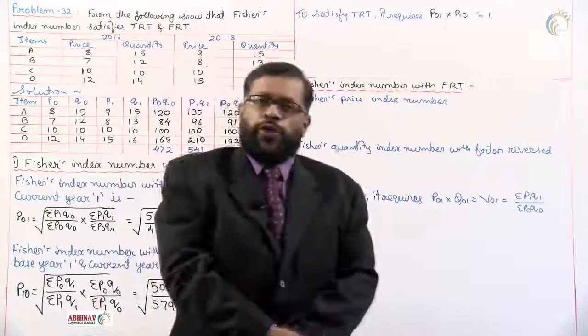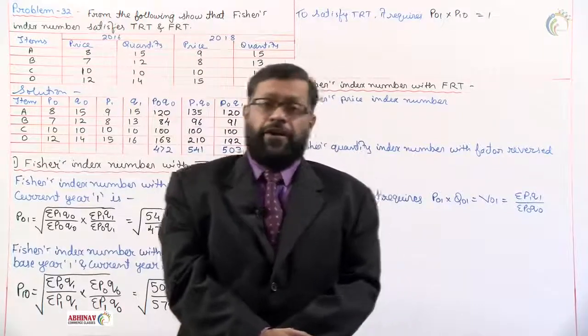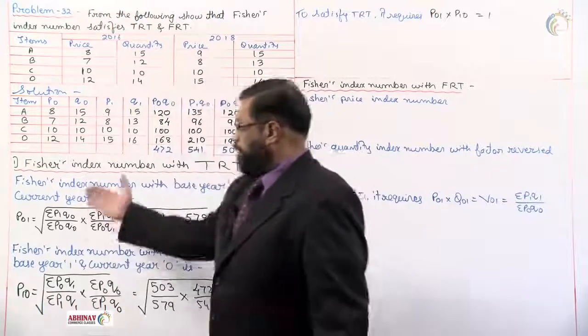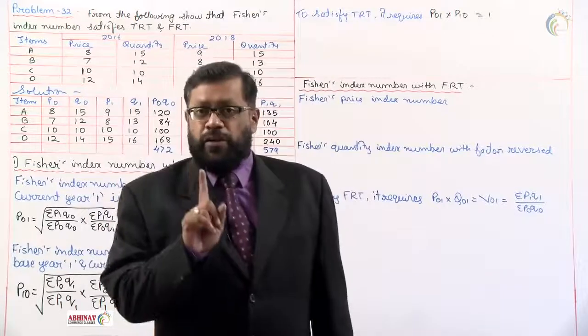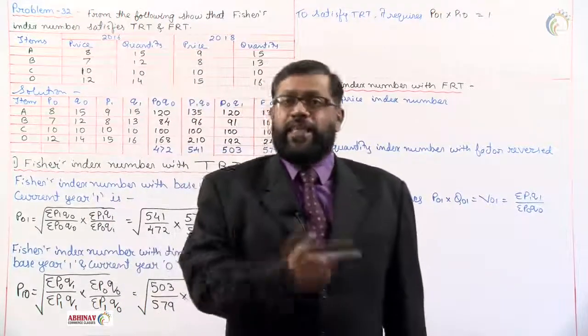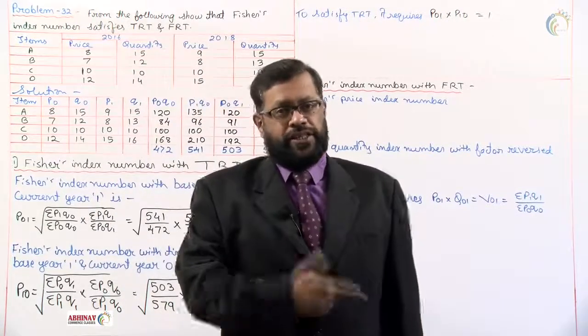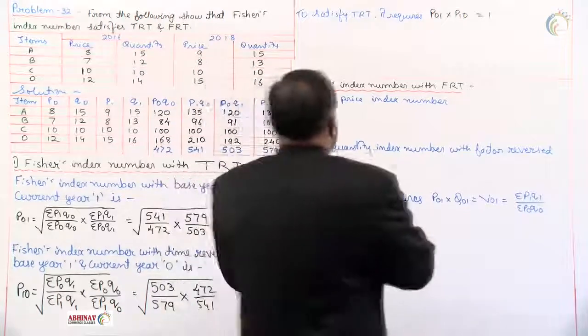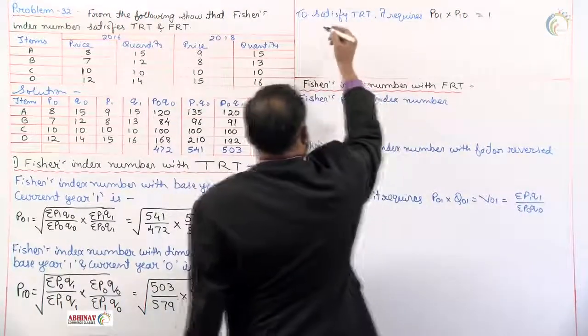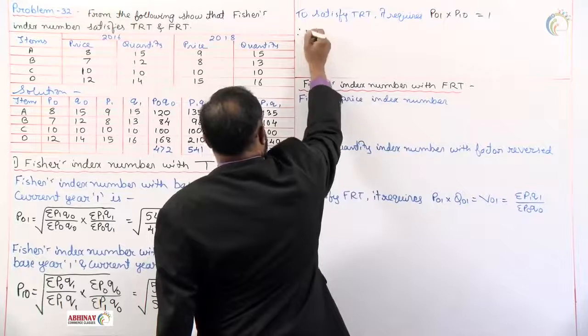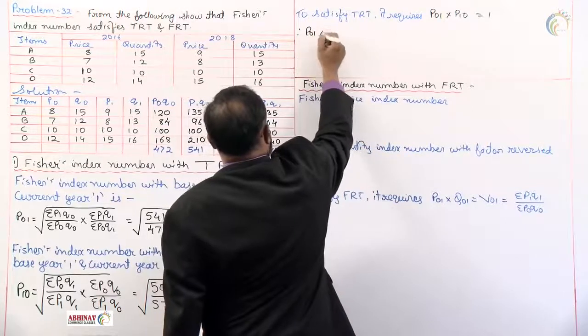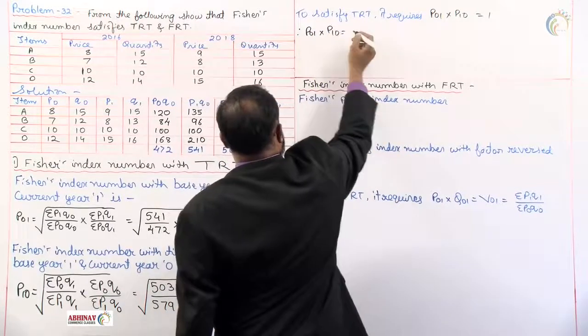Now we'll see. To satisfy TRT, what it requires is that when you multiply P01 with P10, the answer should always be equal to 1, as learnt in the earlier sessions. Now let's see. P01 into P10 is equal to 1. So P01 we are going to multiply by P10.